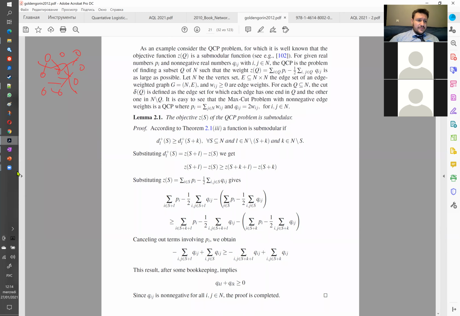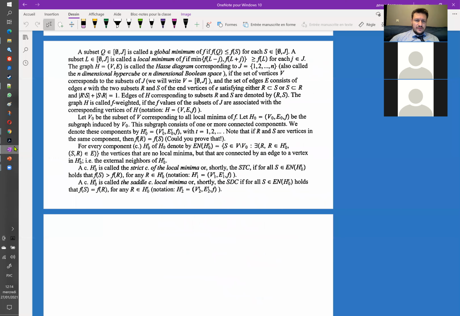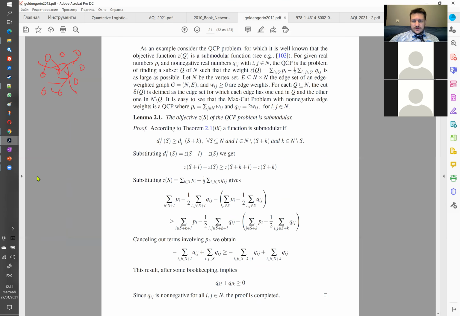And the important thing here is that it's submodular. So the objective function of that problem is submodular.